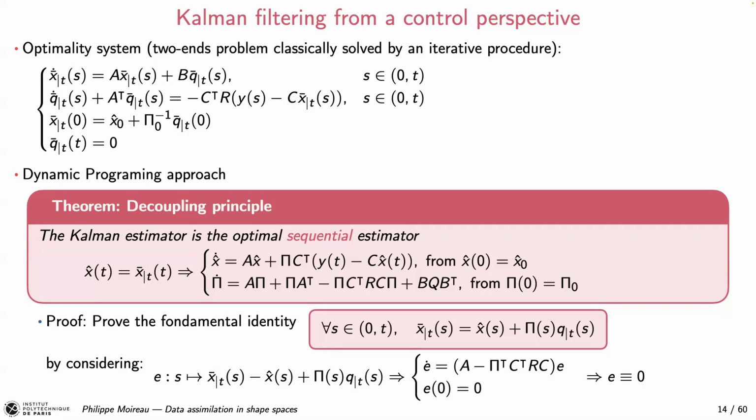If I can compute this pi, and this pi is given by this Riccati equation, starting also from an initial condition, so if I solve these two initial condition problems, I can prove that actually at the end of the time window, the solution of this guy will be given by this guy. So the important part is that the Kalman solution at the time t corresponds to the solution of this guy when the S here is equal to t.